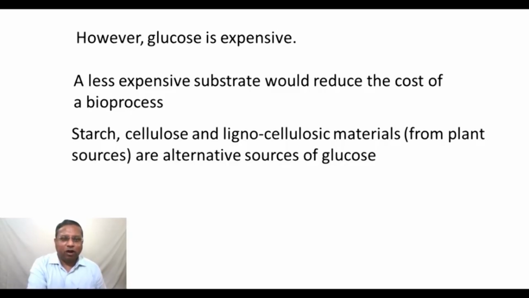Very common alternatives for glucose are starch, the same starch that you know of, cellulose, and lignocellulosic materials. All the wood around you contains cellulose. Lignocellulosic materials are currently being researched heavily as a glucose source. Cellulose and lignocellulosic materials are found abundantly in all plants. Wood is all that, and they are alternative sources of glucose.